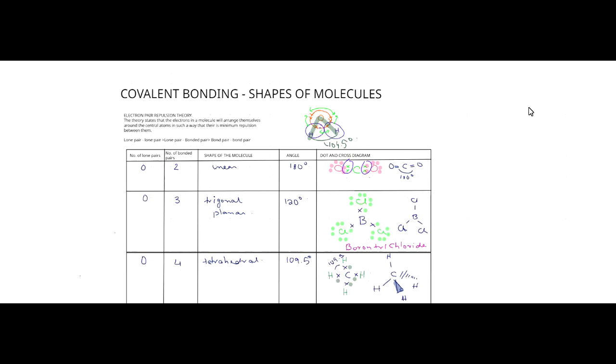What is electronegativity? Electronegativity is the ability of an atom to attract a shared pair of electrons towards itself. Okay? Every single atom in the periodic table has an ability to attract the shared pair of electrons towards itself.